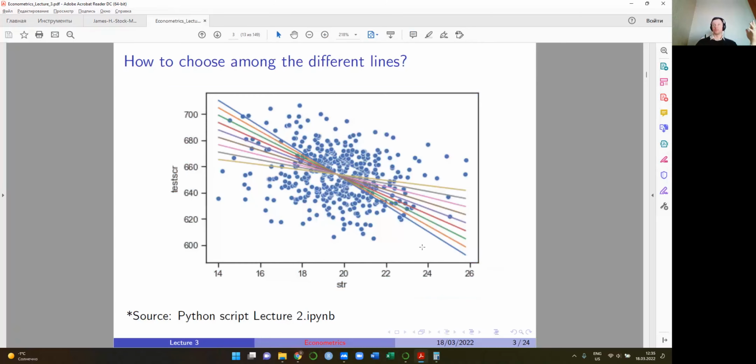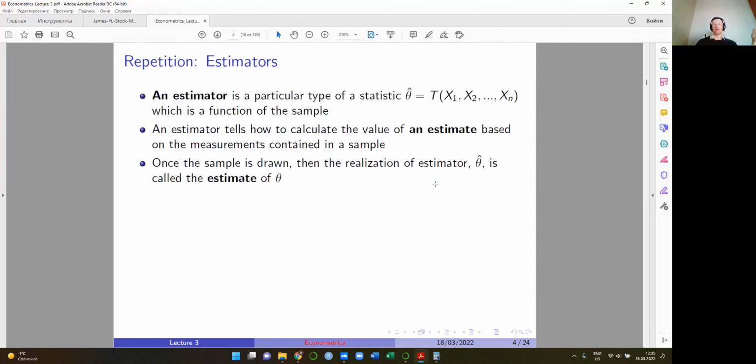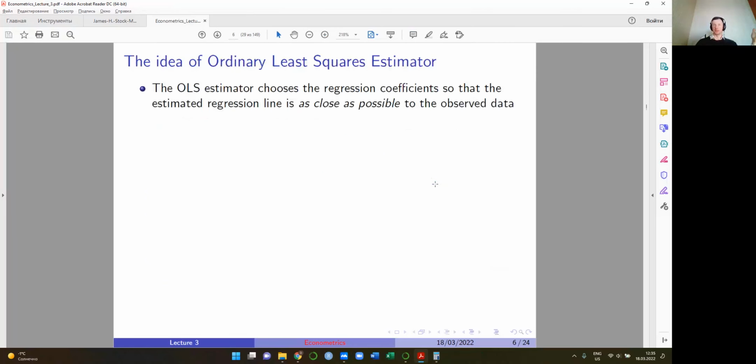So it's not like you have the smallest mistakes for only one line for all points. For some points you will have the smallest mistake for the blue line. For some points, the yellow line is going to have the smallest mistake. But that's the idea of this mistake, right?